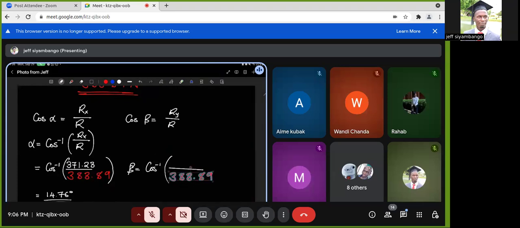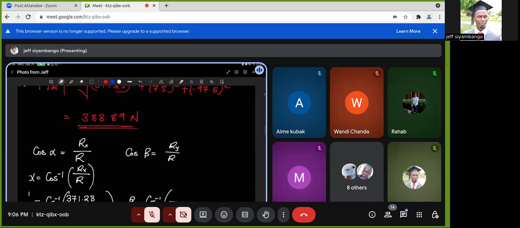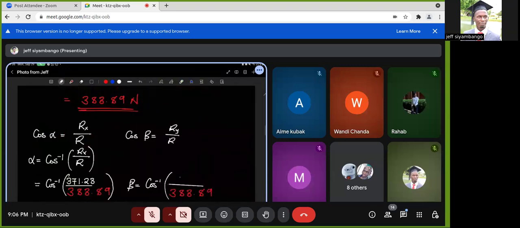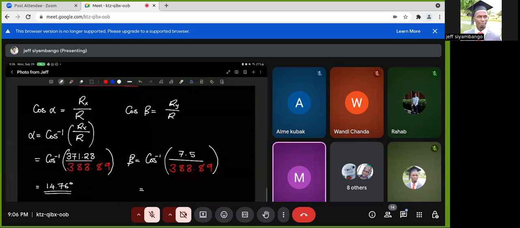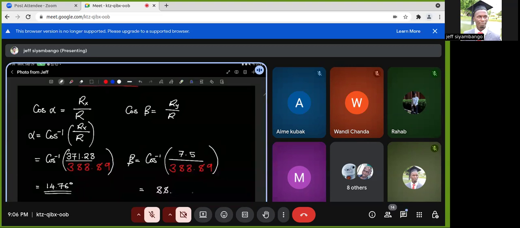The magnitude is this, but the y component is 7.5. So that is 88.88.